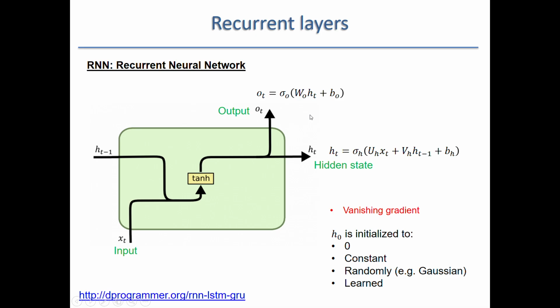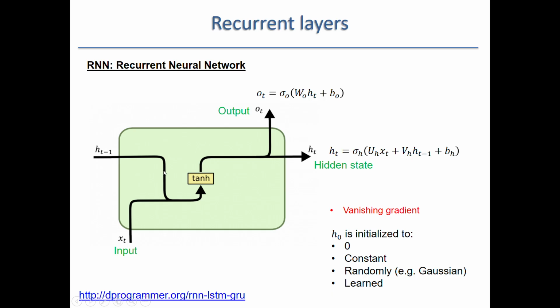It is done through the state. So the input affects the state, and the state affects the output. The way to affect is just the standard one: a standard dense layer, but now it has two components, one coming from the input, one coming from the hidden state, plus the bias.